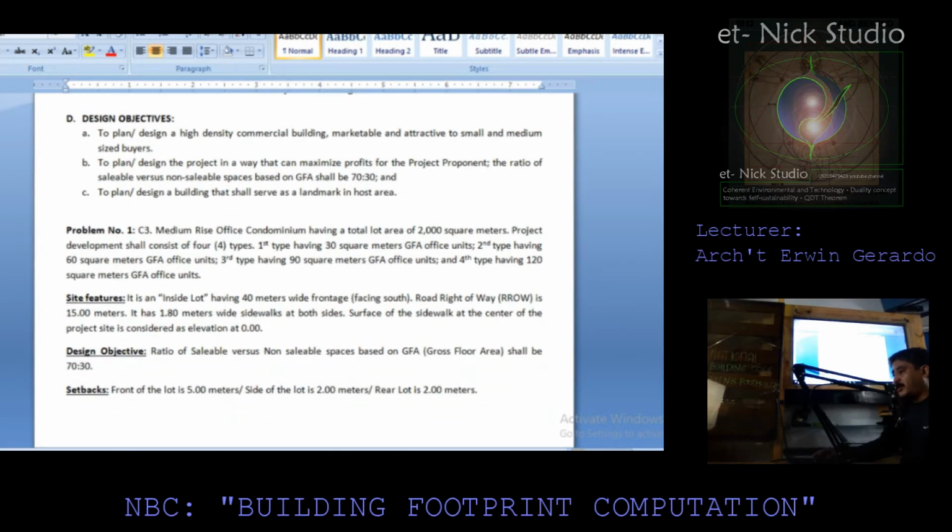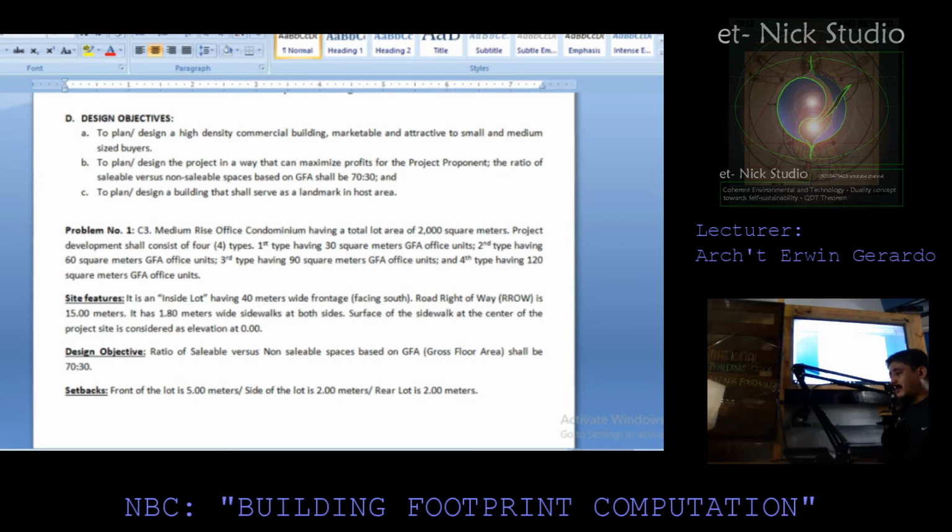The design objectives: to plan or design a high-density commercial building, marketable and attractive to small and medium-sized buyers. To plan or design the project in a way that can maximize profits for the project proponent.